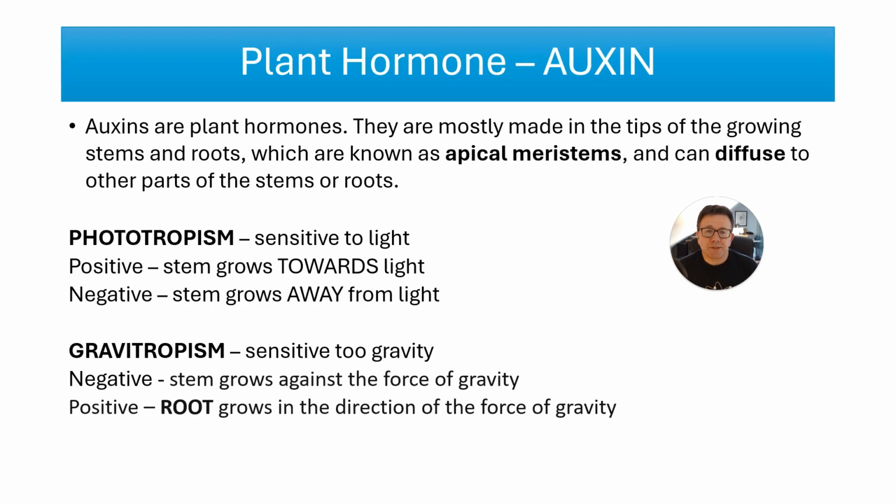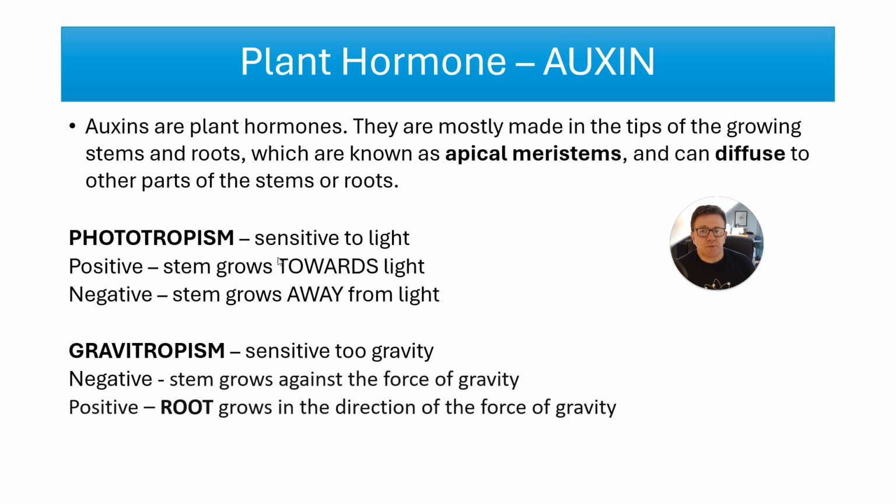On to plant hormones. Auxins are mostly made in the tip of the growing stems and roots. These are known as meristems or apical meristems, and they diffuse to other parts of the stem. If it's in a shoot, they usually diffuse downwards. The two types of tropisms we need to know about are phototropism, where things are sensitive to light, and gravitropism, when sensitive to gravity.